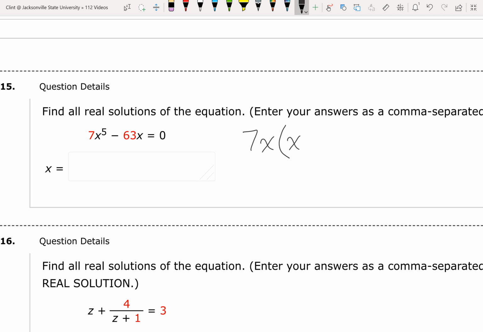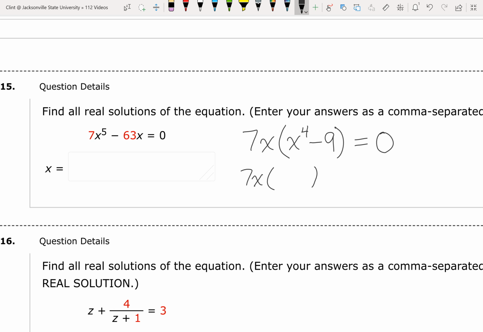That leaves us with x to the 4th minus 9, and that equals 0. And then the part in parentheses, if you look at it, is actually the difference of 2 squares, so we can factor that again. x squared times x squared will give us x to the 4th.